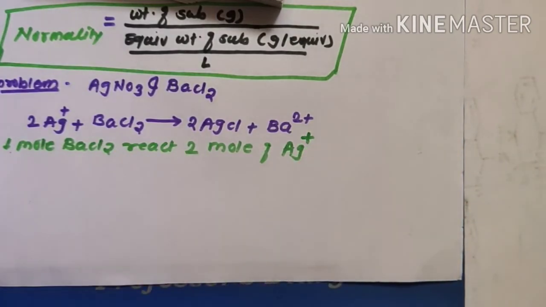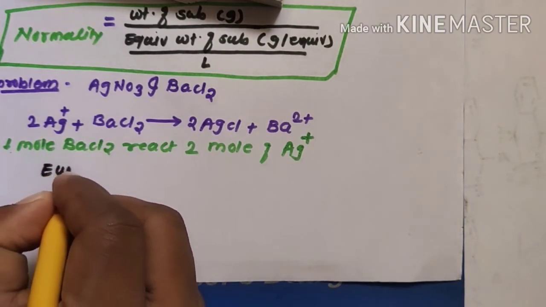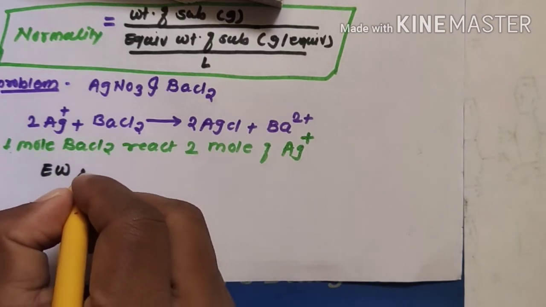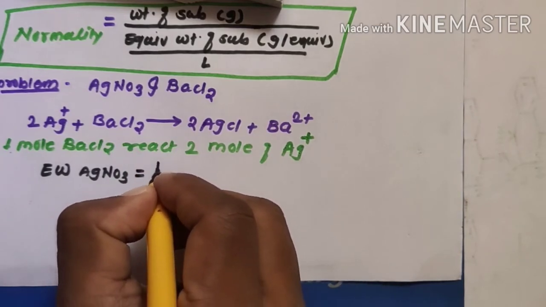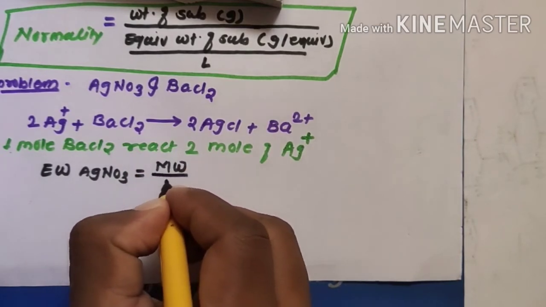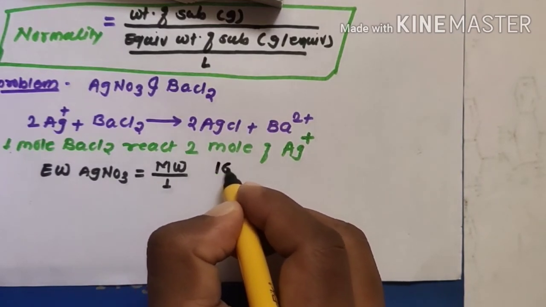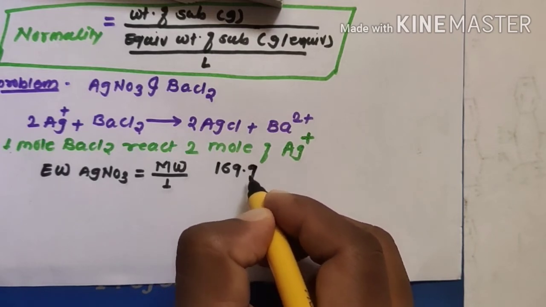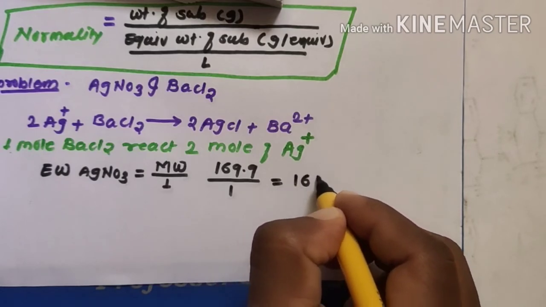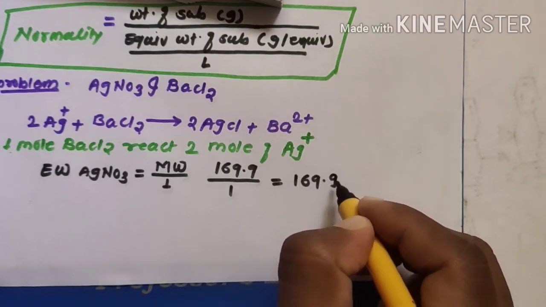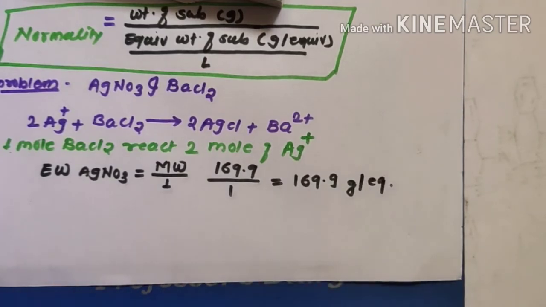Therefore, the equivalent weight of AgNO3 is equal to molecular weight divided by 1. The molecular weight of AgNO3 is 169.9, divided by 1, it will get 169.9 gram per equivalent.